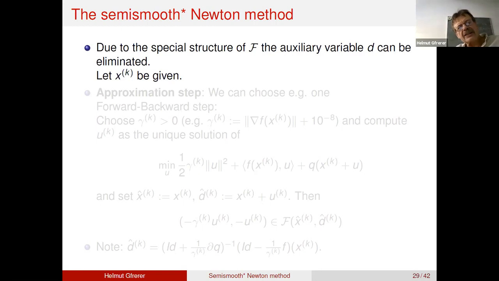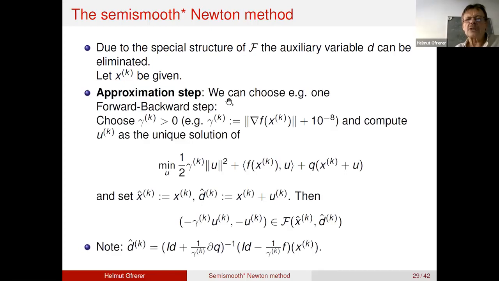Let us consider the case that we are given some iterate xk. How can we perform the approximation step? We can use, for instance, the forward-backward splitting method for performing this approximation step. That means let's choose gamma k, for instance, equal to the norm of the Jacobian of f at the point xk plus some small constant, and compute uk as the unique solution of this problem.